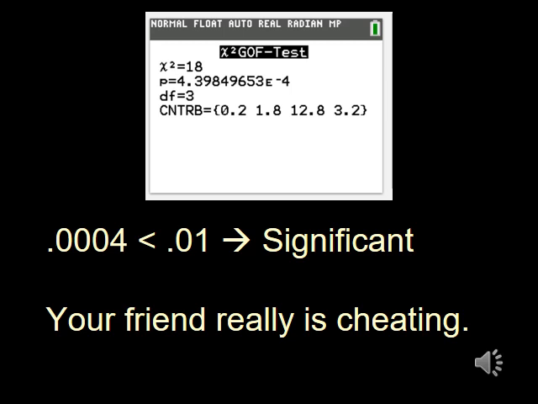And then I would ask you the question, yes or no, is this a significant result? Well, what I do to make that happen is I look at that p-value and compare it to the alpha that was given back at the beginning of the problem, which was 1%. This is definitely less than that, so it is significant. Yeah, your friend really is a cheater.